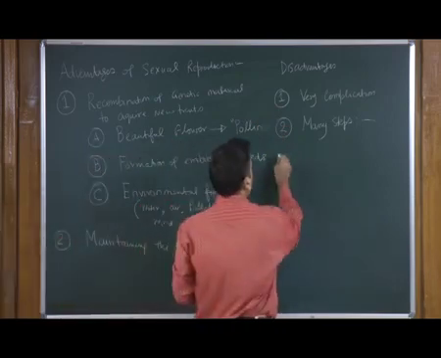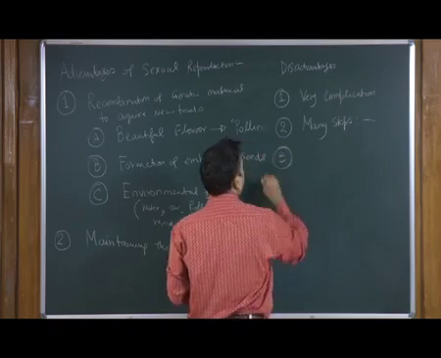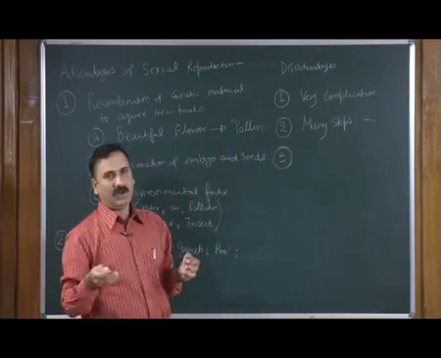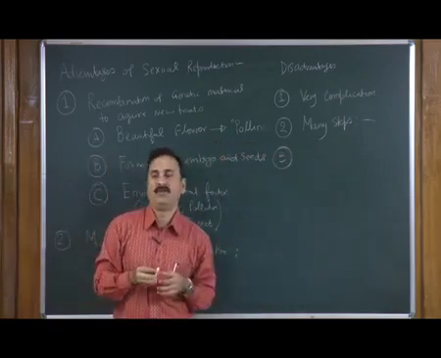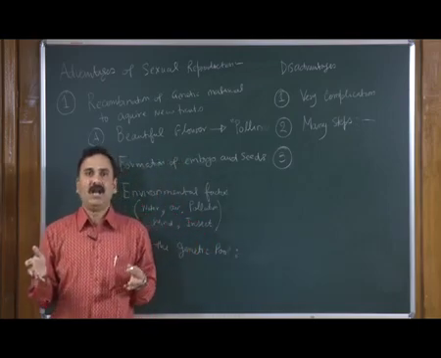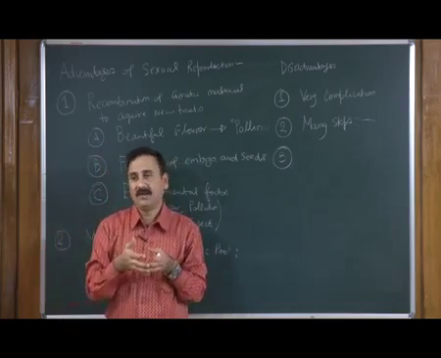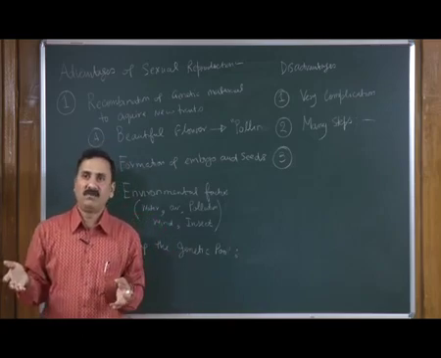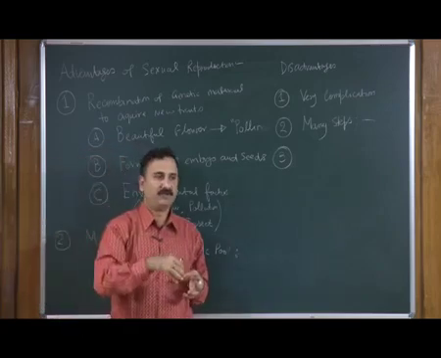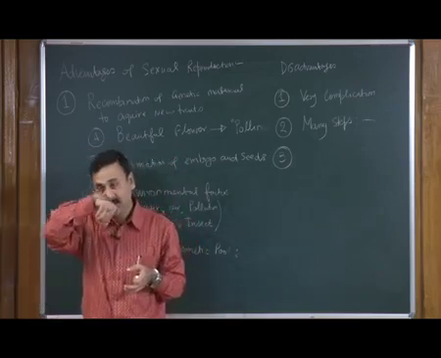Number 3, sexual reproduction is mainly dependent on the formation of male and female gametes, and then their dispersal within the environment, so that the male gametes reach the female gametes and do the fertilization.